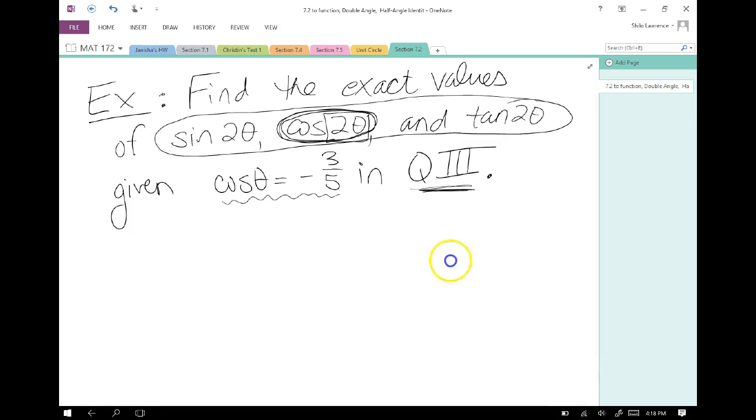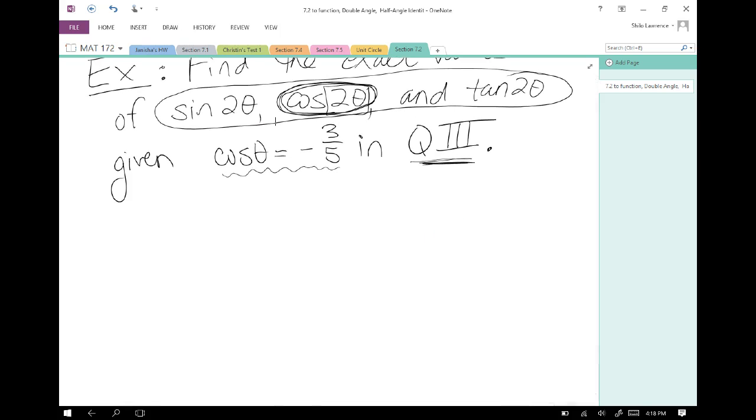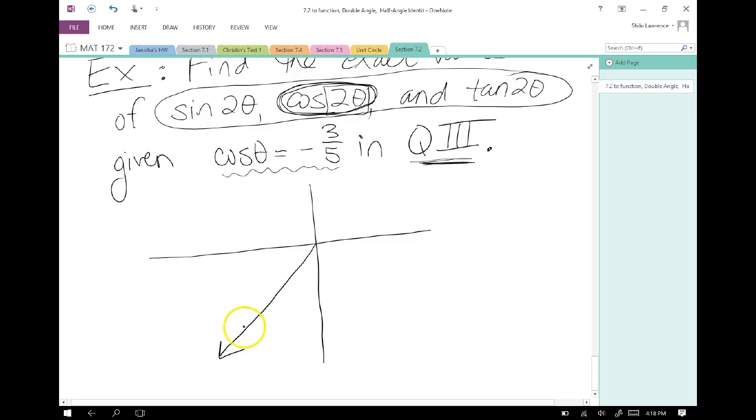In quadrant 3, what I suggest you do is you draw a triangle. In quadrant 3, our angle is going to look something like that. And when we connect this back up to the x-axis, we'll have our reference triangle.